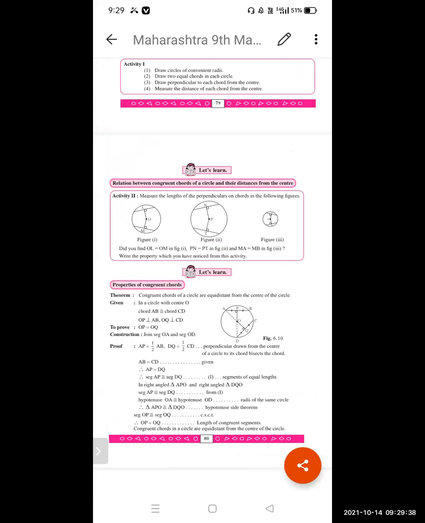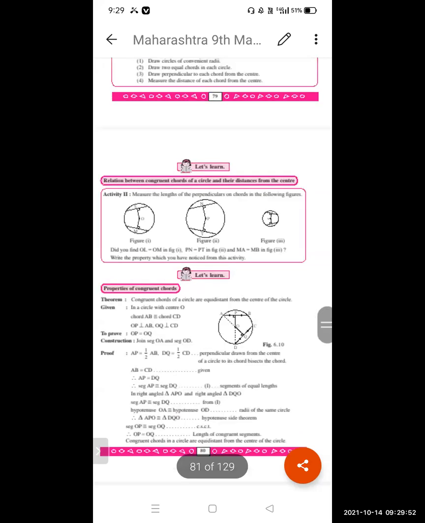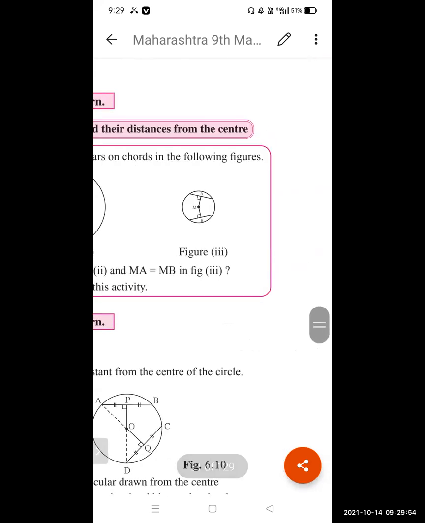In the second, P is the center of the circle, and we have to check whether PN is equal to PT or not. Same for the third figure, M is the center of the circle. Here also we have to see whether MA is equal to MB or not.